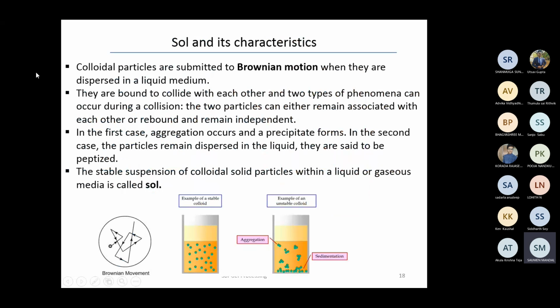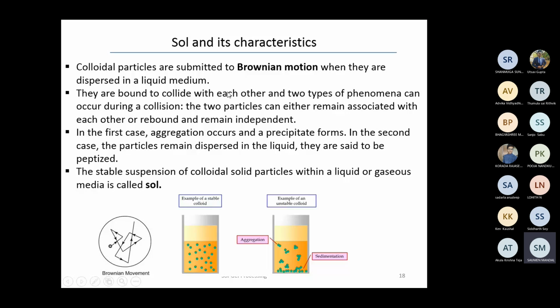Then what are the characteristics of the Sol? If you see, the colloidal particles are subjected to Brownian motion. Brownian motion means they can move freely anywhere, and they are bound to collide with each other as well as with the container surface, and aggregation occurs and a precipitate forms.